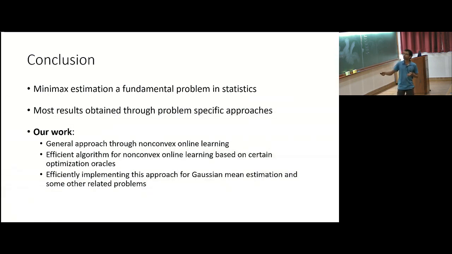The general approach was already known, but the fact that this can be implemented even in a non-convex setting was unknown, and the main technical workhorse here is that we now know of efficient algorithms for non-convex online learning whenever we have access to certain kinds of optimization oracles. And at least for some cases, we are able to efficiently implement this approach and obtain minimax estimators that were not known earlier. That's all I had.